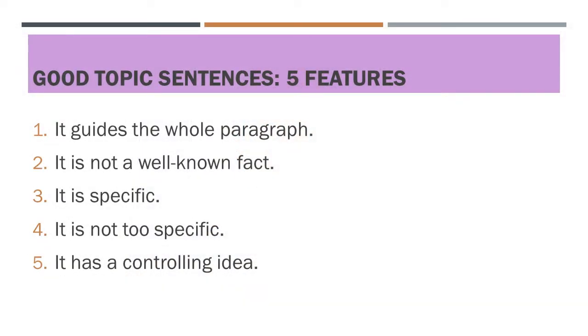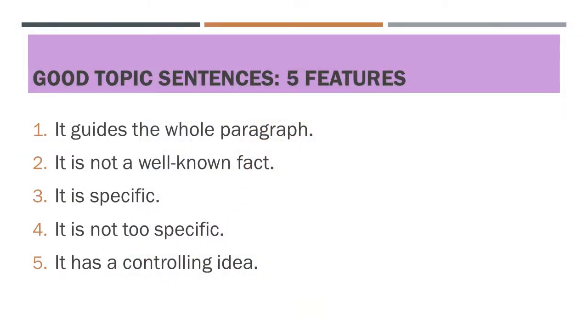Point 2. It's not something that's just a well-known fact. Point 3, it needs to be specific, but point 4, not too specific. You want the topic sentence to cover enough range that it'll fit a paragraph. Remember, right now we're just writing paragraphs, not essays. So you'll have maybe 100 to 200 words to get your idea in.